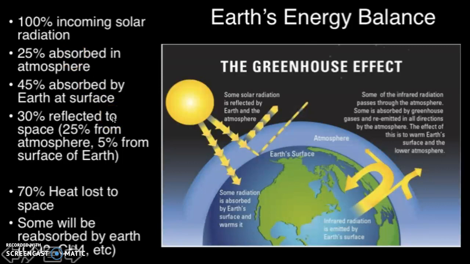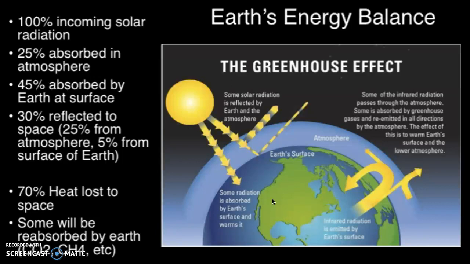25% of that energy is absorbed by the atmosphere. So that's these rays that you're seeing over here. 45% is absorbed by the surface. Oh, sorry. So that one just basically, where's my arrow? So that one basically stays, the first one, the 25% is going to be absorbed by the atmosphere and stay right here. 45% is actually going to be absorbed by the Earth's surface, may it be in the water or just like plants or urban or whatever it may be.